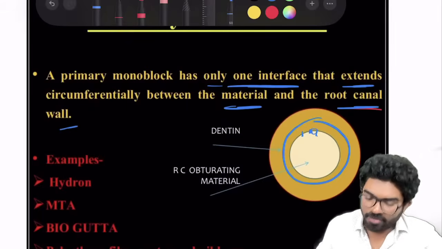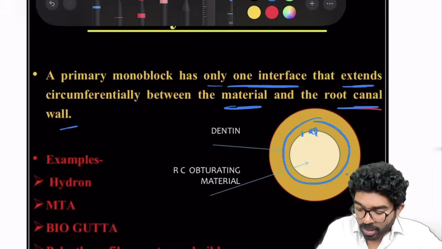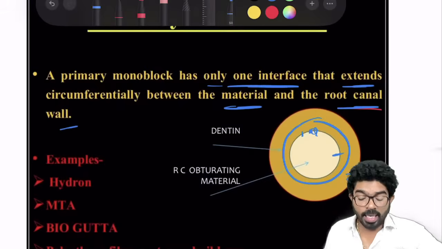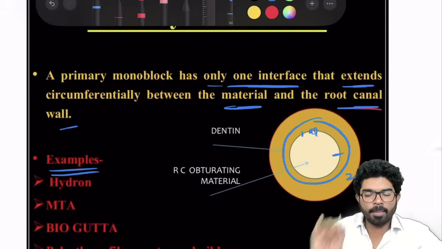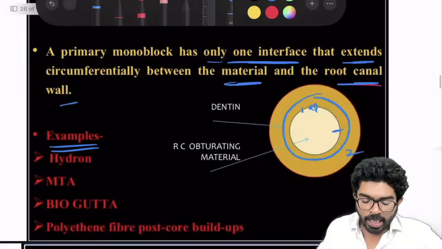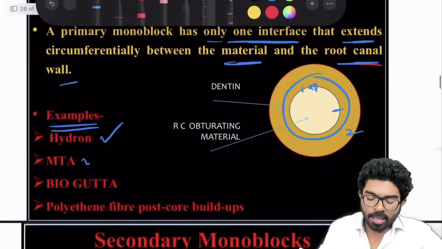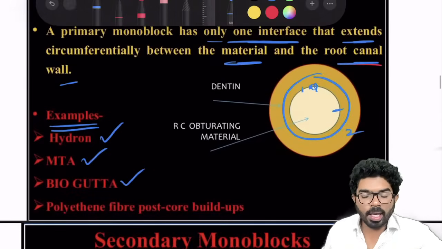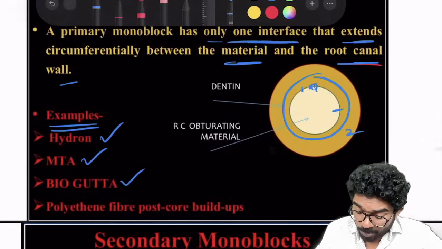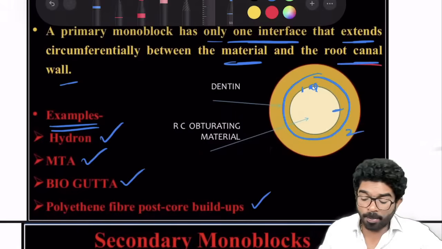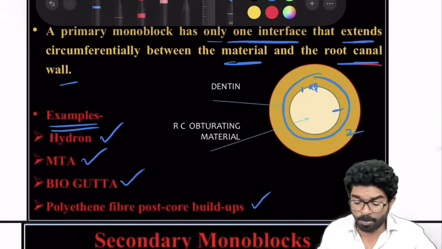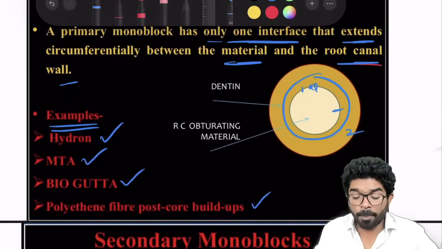Here you have two friends and only one interface. Examples are important, the memory based aspect. Hydron, MTA, Biogutta, polyethylene fiber post core buildup are examples of primary monoblock.